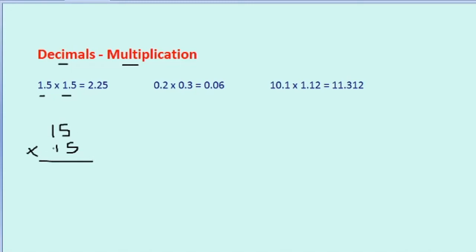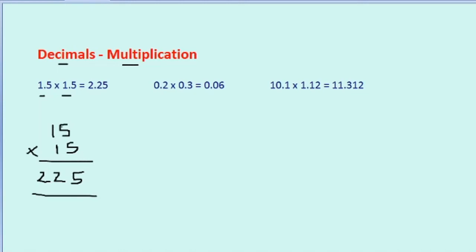Okay, 15 into 15, the answer will be 225. I am not going in depth in multiplication. If you want to learn multiplication of numbers, you can watch my video on multiplication. Now since we are working on decimals, I will directly do the multiplication. 15 into 15 is 225.